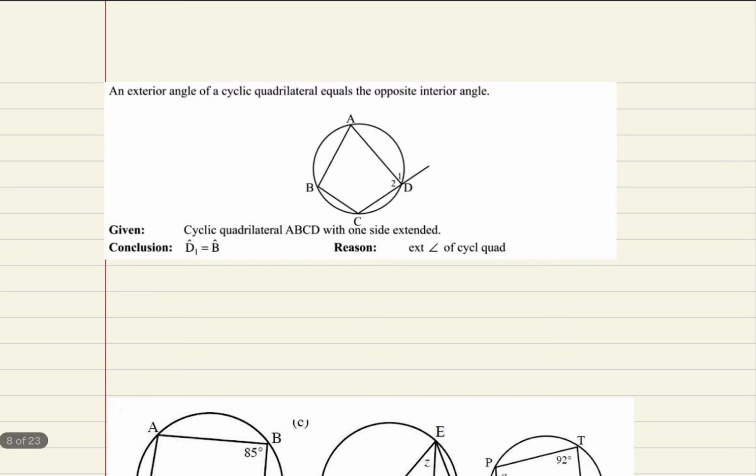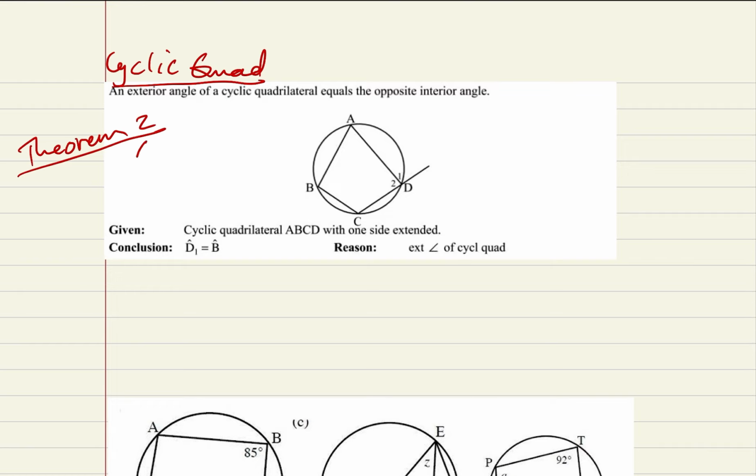Now let's go. Now this is the second theorem under a cyclic quad. Theorem number 2. Theorem number 2 is initially theorem number 5. Guys, I know you know that one now. This one says an exterior angle of a cyclic quad is equal to the opposite interior angle.